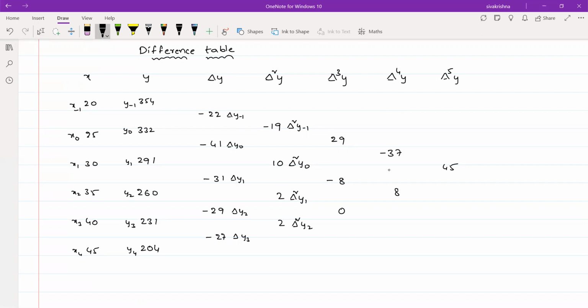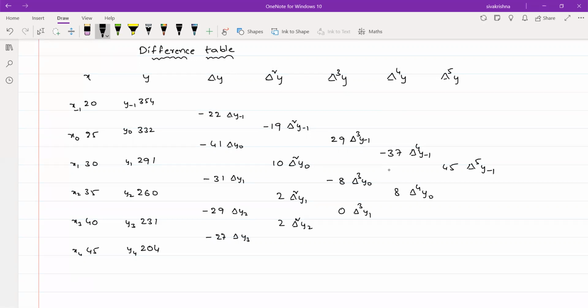Coming to the third differences, this is delta cube y suffix minus 1, delta cube y0 and delta cube y1. The fourth differences are delta power 4 y suffix minus 1 and delta power 4 y0. And finally, this is delta power 5 y suffix minus 1.